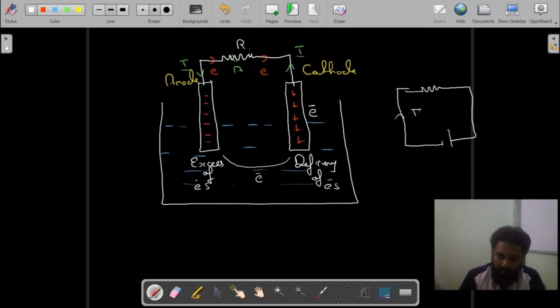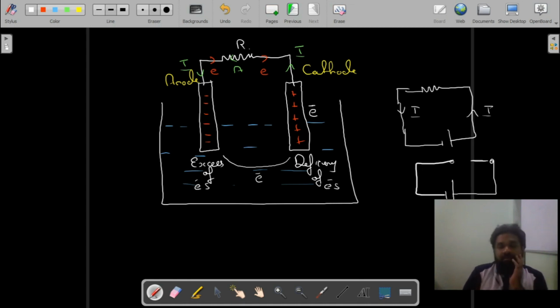If there is no closed circuit, current will not flow. Correct? So here current will flow. Suppose if we open the circuit, no current will flow.